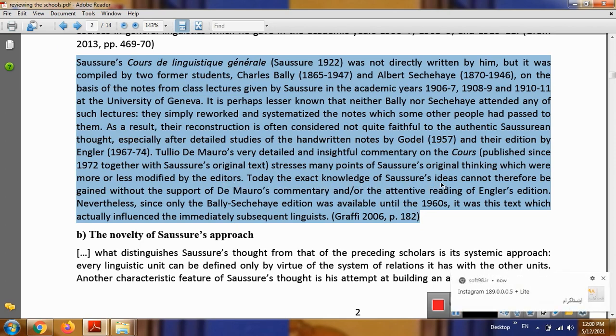Today, the exact knowledge of Saussure's ideas cannot be gained without the support of de Mauro's commentary or the attentive reading of Engler's edition. Nevertheless, since only the Bally-Sechehaye edition was available until the 1960s, it was this text which actually influenced the immediately subsequent linguists.